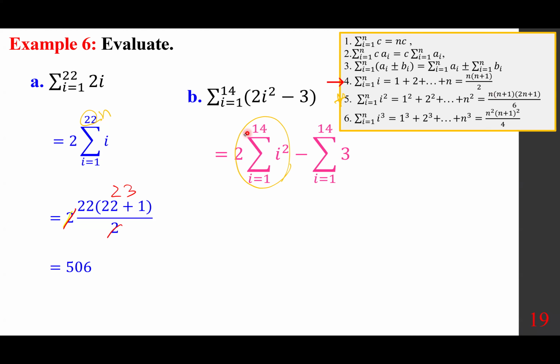So this gives you 2 times n, which is 14, everybody. 2 times n, which is 14, times n plus 1, 14 plus 1, times 2n plus 1, 2 times 14 plus 1, divided by 6. So that's this one. And this one, we've already used a case like this: n times c, 14 times 3.